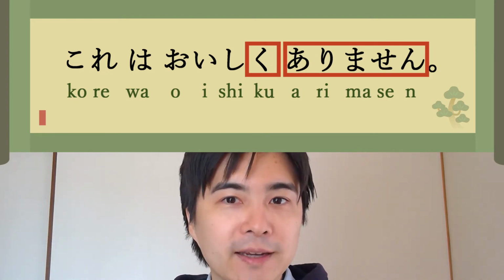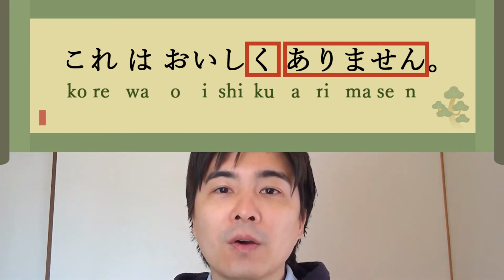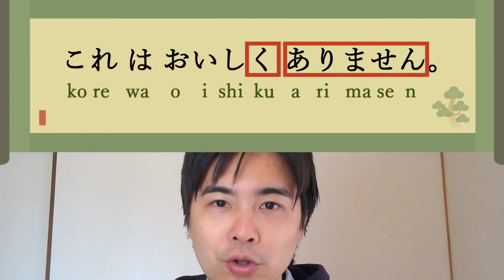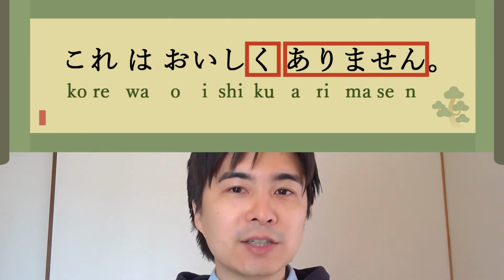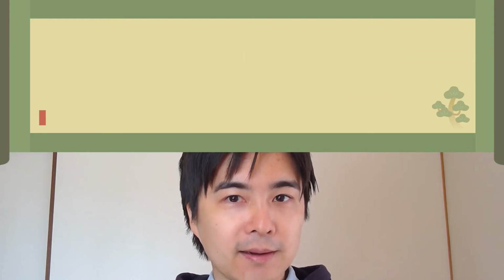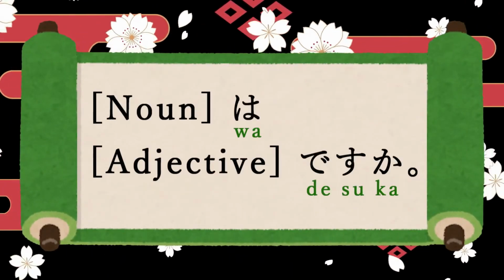So if you want to say this is not delicious, you can say これは美味しくありません。We have already learned how to make a negative sentence using adjectives.